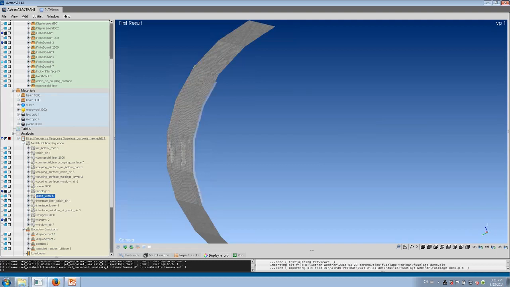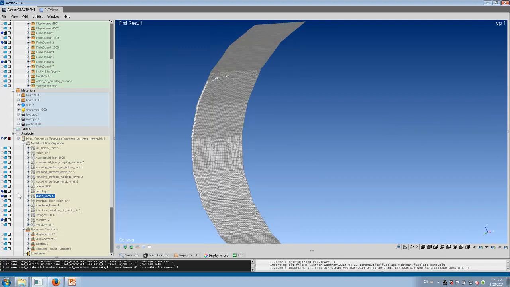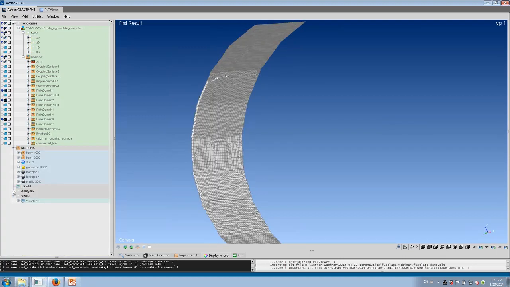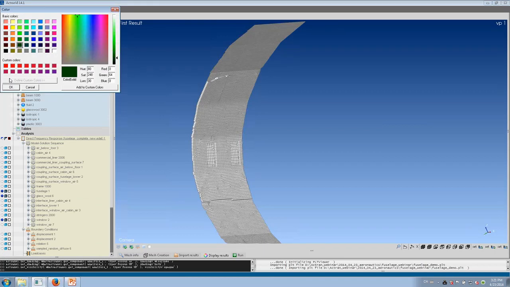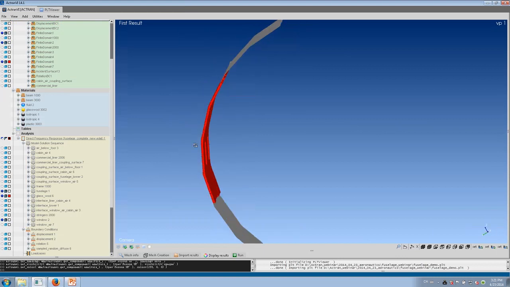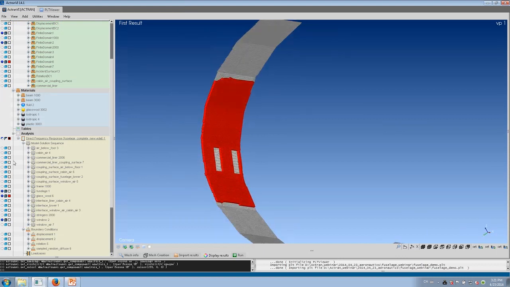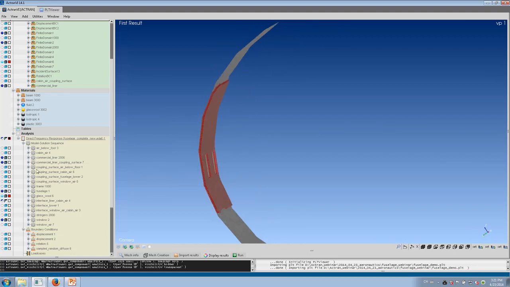And the glass wool layer. And the commercial liner, again a simplified model.